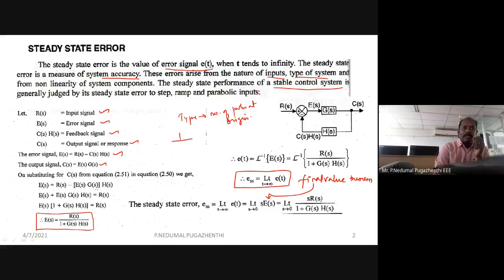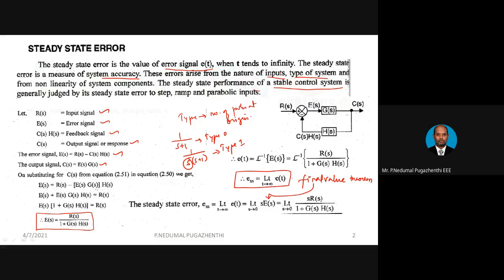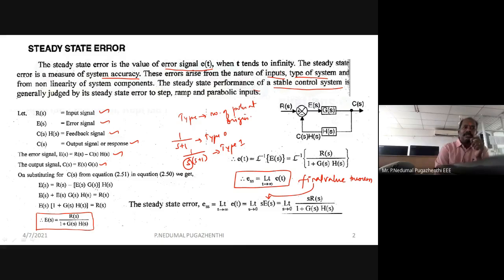For example, 1 by s plus 1 is a type 0 system. 1 by s into s plus 1 is a type 1 system, because you have an s term, s power 1 is there. The number of poles at the origin will provide me the type. So type 1 system, type 0 system. This type also has an influence. The input, the type, and the nonlinearity of the system have some influence over the steady state error calculations.